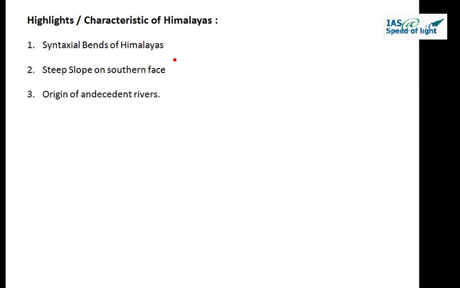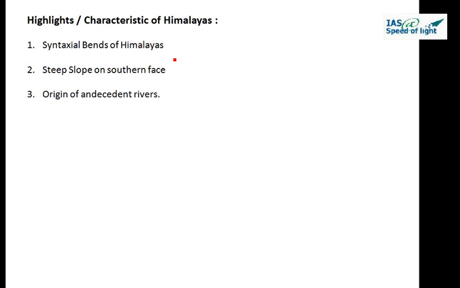Western extremities means the Jammu Kashmir side, and eastern extremities means the Arunachal Pradesh side. The range is sharply bent southward in deep knee-bend flexures, which are called the syntaxial bends. The western syntaxial bend is near Nanga Parbat. We saw the extent of the main Himalayas from Nanga Parbat in the west to Namcha Barwa in Arunachal Pradesh in the east.